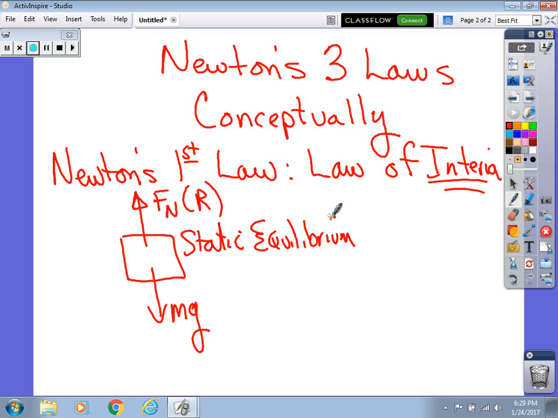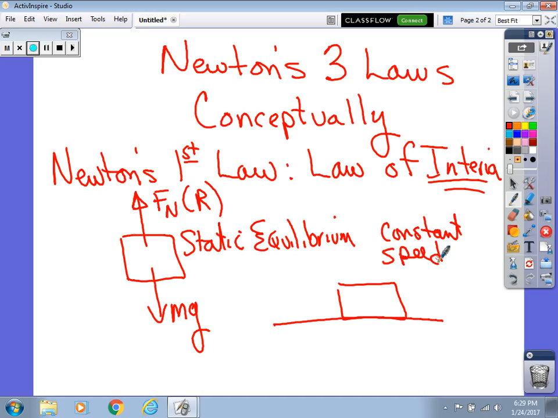The other possibility for this is something that's, say, sliding along ice, and it's moving at a constant speed. These are key words. If it's at a constant speed, that again means, and I'm going to write it for everything, that the sum of the forces is zero. The net force is zero.